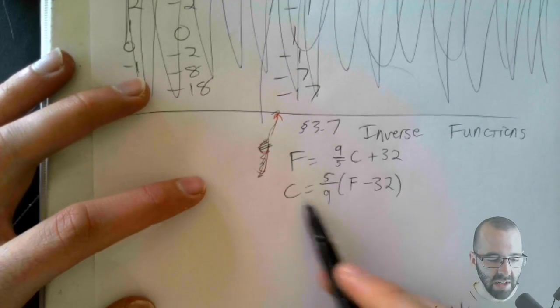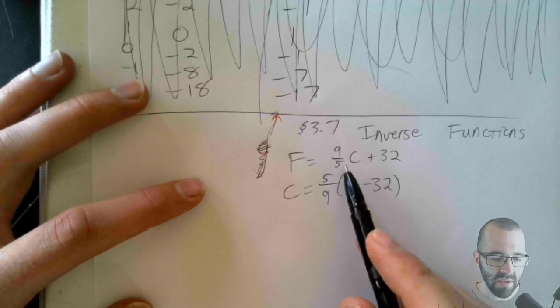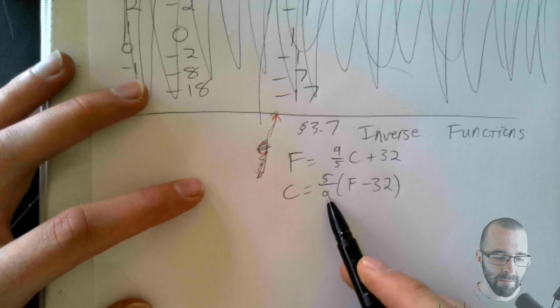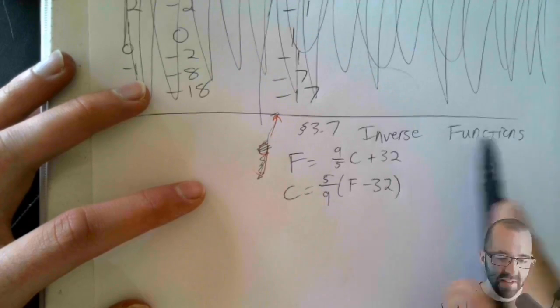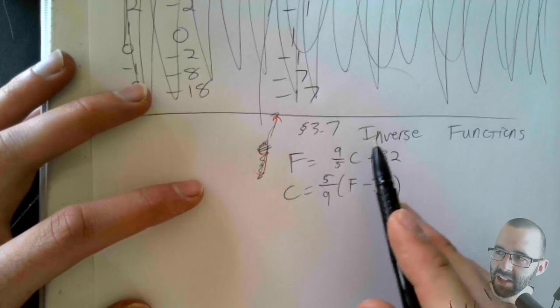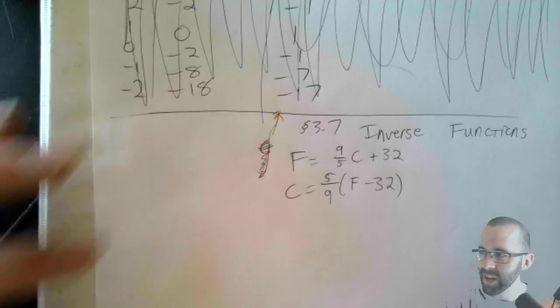So, what do we have right here? These are two functions. Spoiler alert, these are going to be what we call inverse functions. This is part of the lesson.